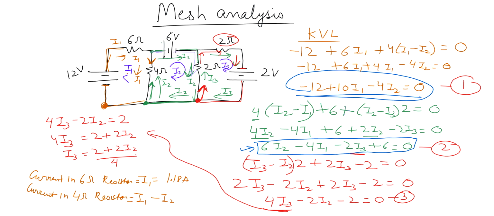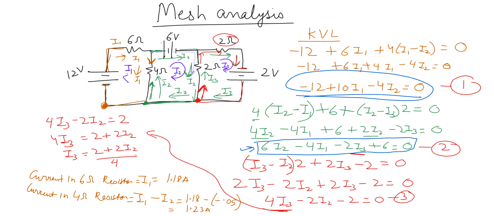So I1 was 1.18 minus I2. So I2 is minus of minus 0.05. So you add these two. 1.18 plus 0.05 gives me 1.23. So this gives me 1.23 ampere is the current in 4 ohm resistor.